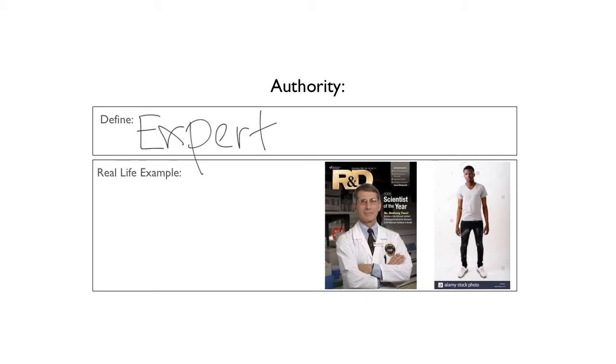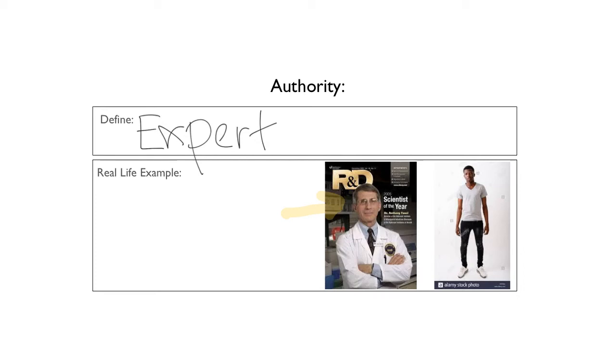For example, we have a picture here of Dr. Fauci, and you may have heard him in the news. He is the leader, the head, the director of the National Institute for Allergy and Infectious Diseases.